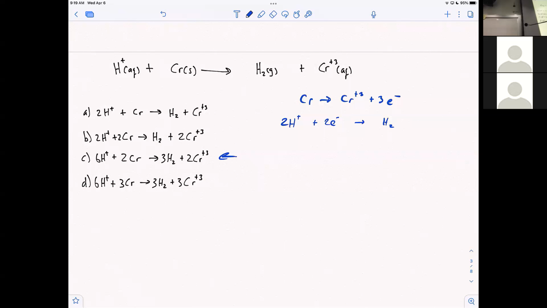So top one by 2, the bottom one by 3. We need six hydrogen ions to consume 6 electrons.